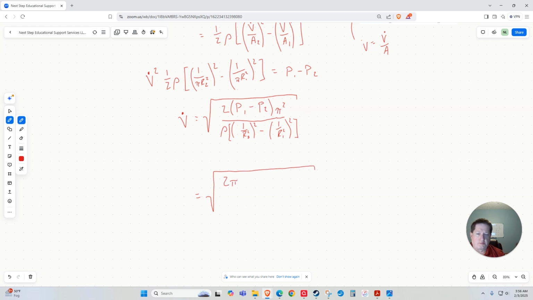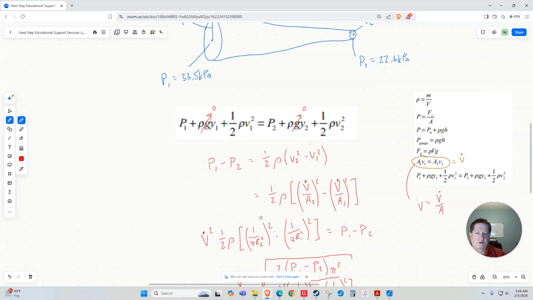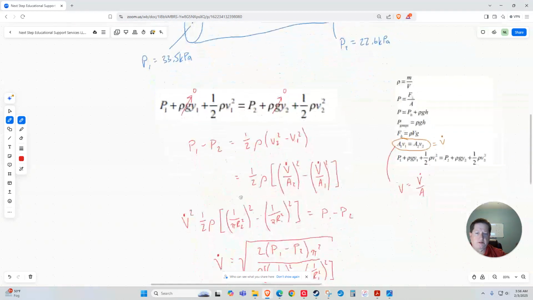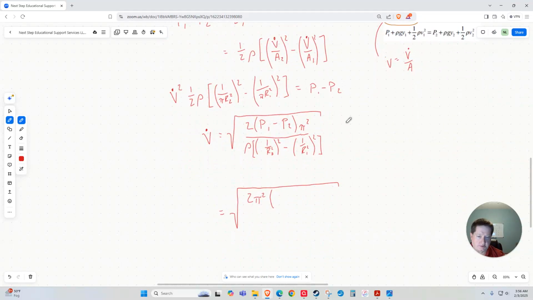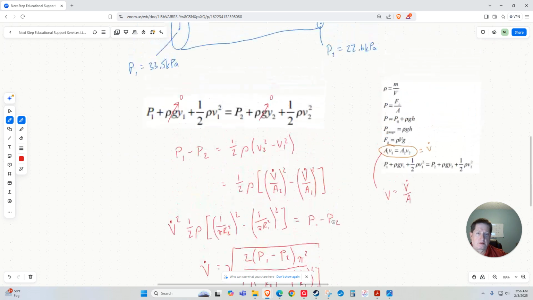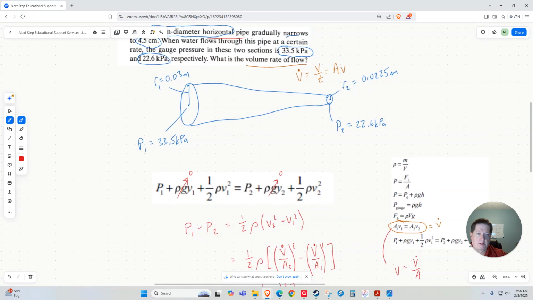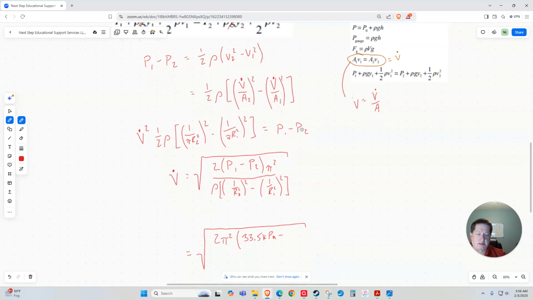I'm going to go 2. I'll put the pi squared over here because that's probably how I'll put it in my calculator. Pressure 1 was given as 33.5 kilopascals. Pressure 2 was 22.6 kilopascals. We have to be careful with our units here.